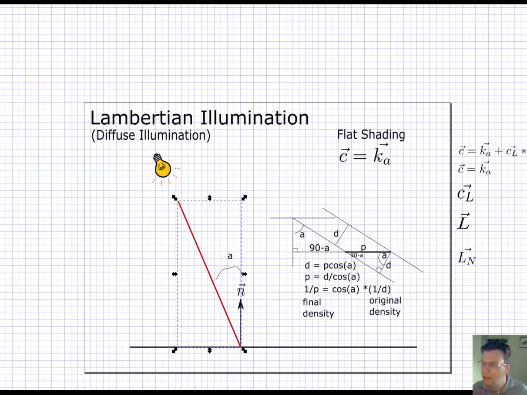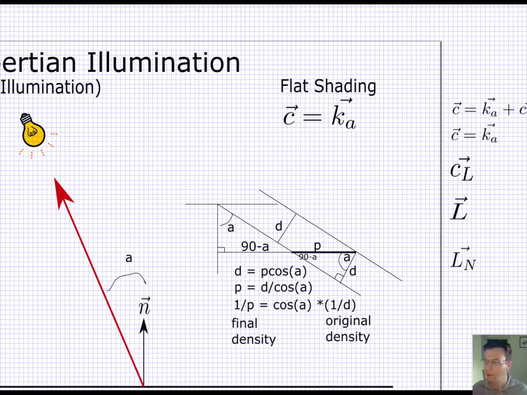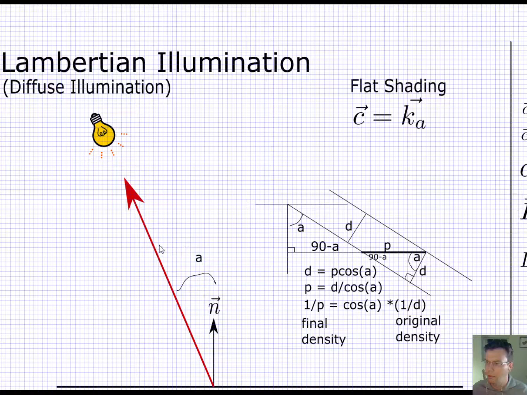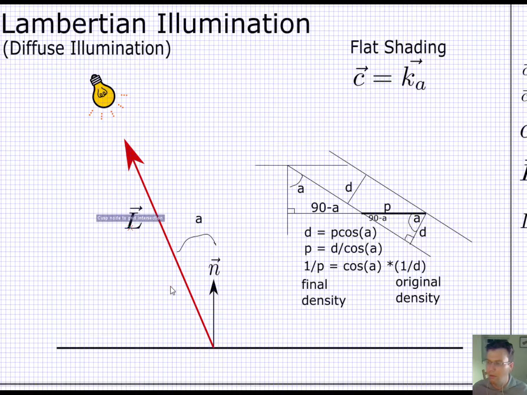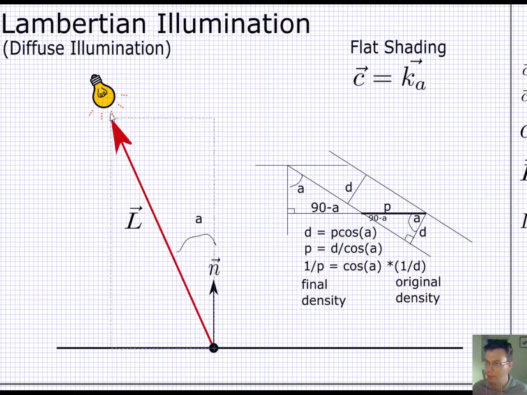And so what I really need to look at is, I have this vector n and I have another vector, let me call this L. This vector L is the vector from the point of intersection on the material. So we're just looking at a particular location on the material. It's the vector from that all the way up to the light. Okay, so we'll call that vector L.